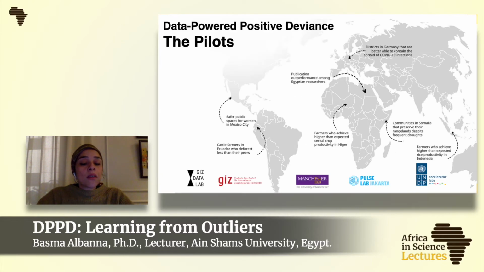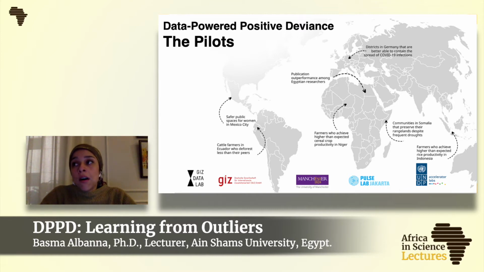So, just to give you an example of how and where we applied the data-powered positive deviance method. As I previously mentioned, this method was developed during my Ph.D. at the University of Manchester. My first application for the method was in a research performance case study that looked into information system researchers in Egypt who were able to achieve better research outcomes than their peers.